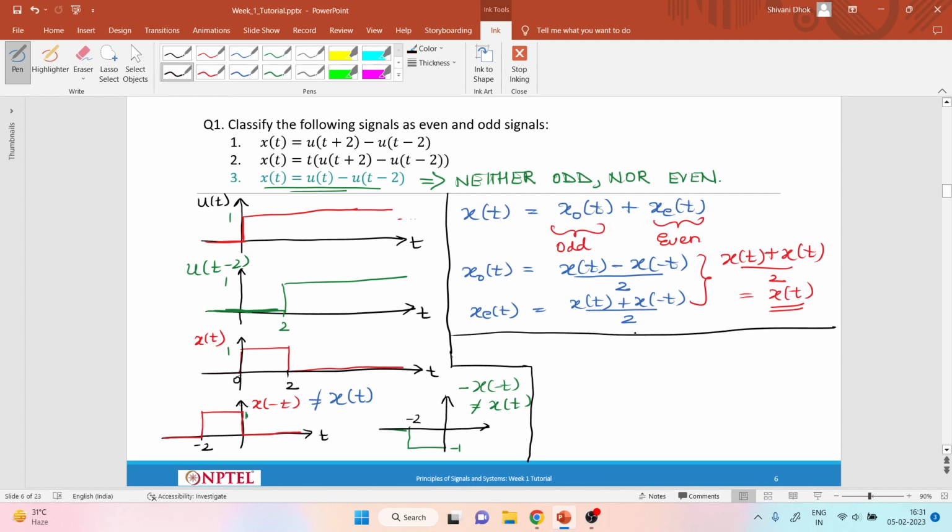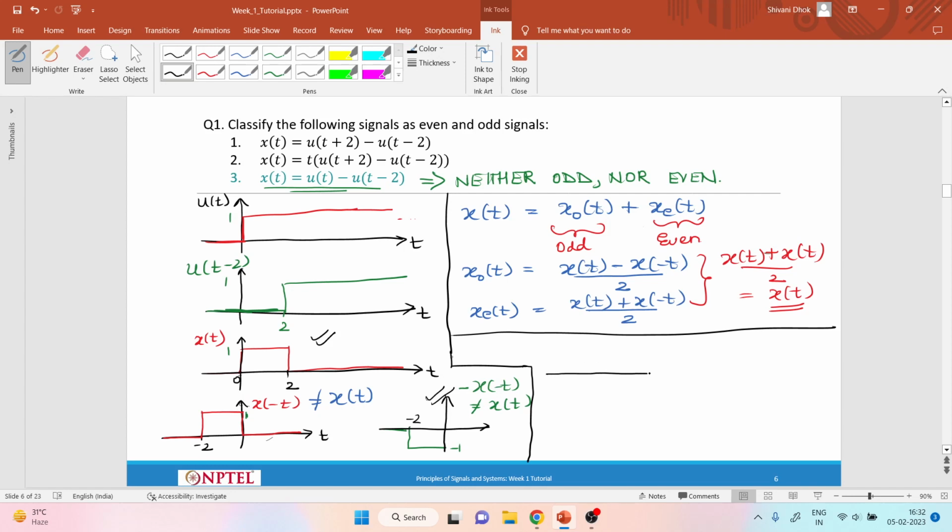So let us first try to find this x odd of t. So this is x of t minus x of minus t. So this is your x of t, and this is your minus of x of minus t, and we just have to add these two. So if we add these two, we will be having a signal from minus 2 to 2, but one will be below the t-axis and one will be above the t-axis.